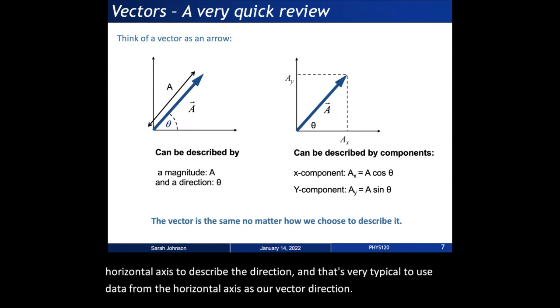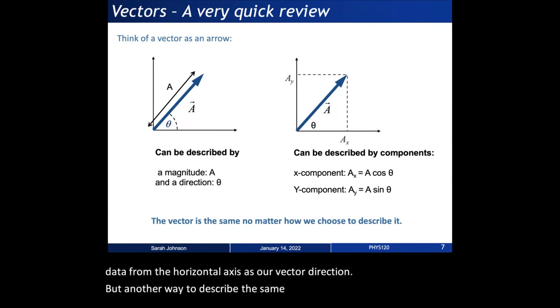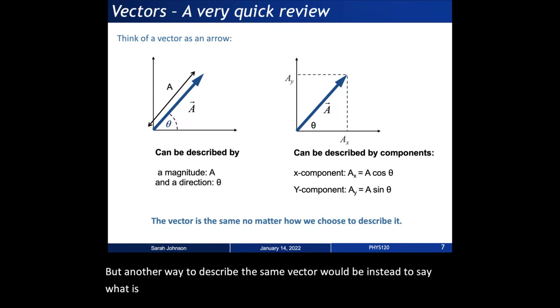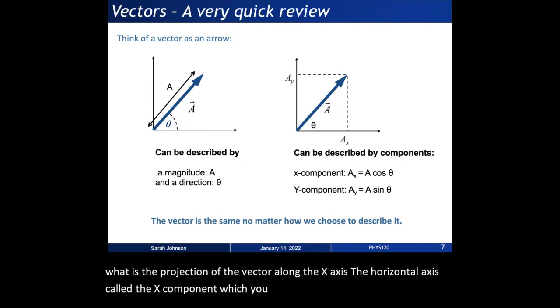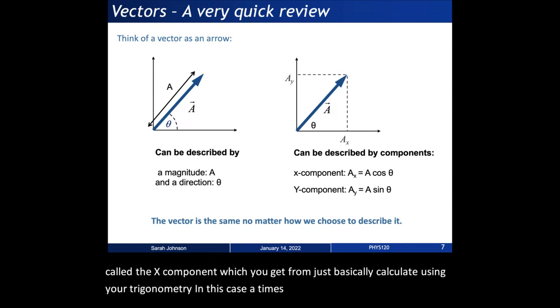But another way to describe the same vector would be to say what is the projection of the vector along the x-axis, the horizontal axis, called the x component, which you calculate using trigonometry, in this case A times the cosine of theta.